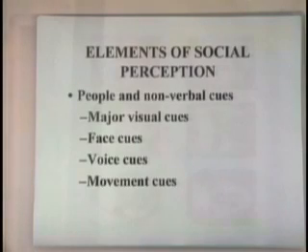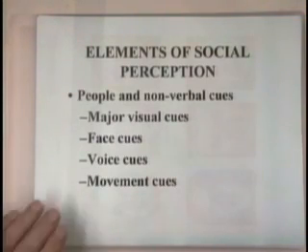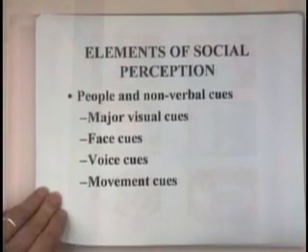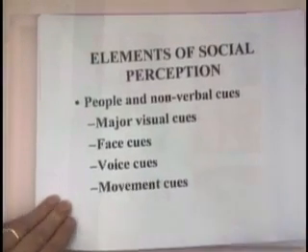We can look at a host of them, but we're going to be concentrating today on the nonverbal ones: the major visual cues, the face cues, voice cues, and movement cues. All of these combine to help us make judgments about people, to form that picture in our head, if you will.